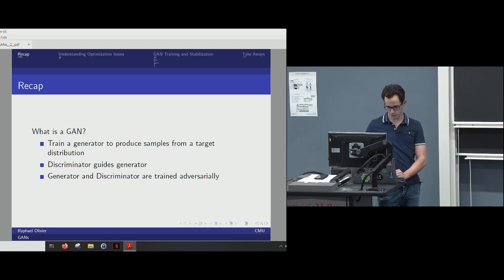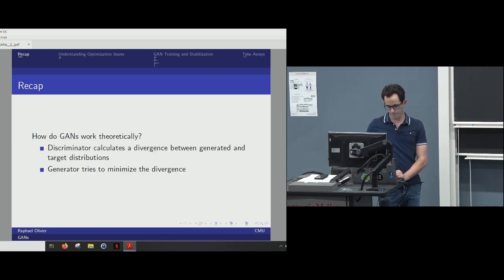And you train both adversarially. So how do they work? The discriminator calculates divergence and tries to maximize it, while the generator tries to minimize it.